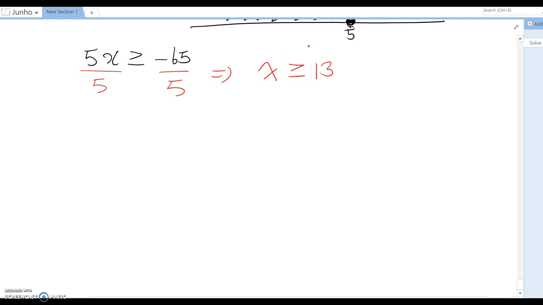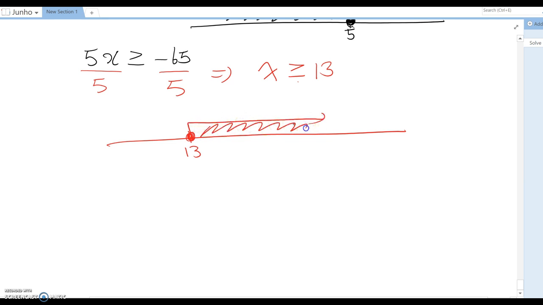Okay? So this one, you can write on the number line. Based on 13 here, it should be a closed dot going to the right side. Then how can we write this answer using interval notation?